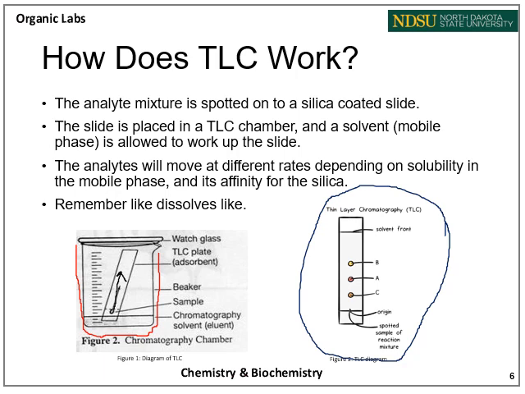So you can imagine that if you wanted to move those polar molecules faster, you would have to use a more polar solvent. So something to keep in mind is that like dissolves like. You might have heard that in Gen Chem. Nonpolar dissolves nonpolar, and polar dissolves polar.